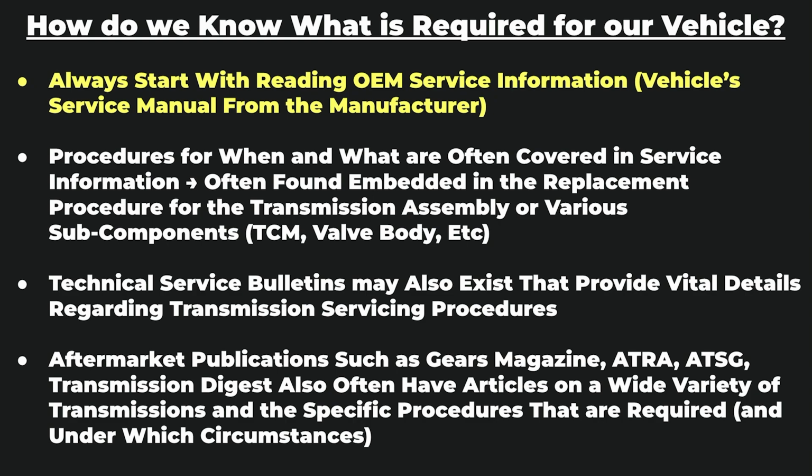Nissan is a manufacturer that is well known for publishing transmission-related procedures for programming within technical service bulletins instead of publishing them in service information in the same level of detail. So just keep this in mind because this is a consideration you want to bear in mind when you are hunting for the information on your vehicle.